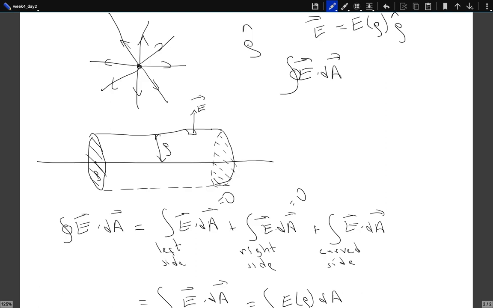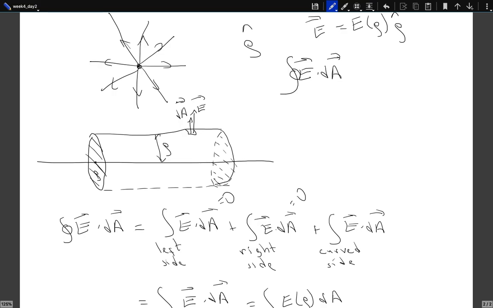The A vector, which is perpendicular to that surface, is also in the same direction. They are both perpendicular to the surface. So the angle between the E and dA at that point is 0.